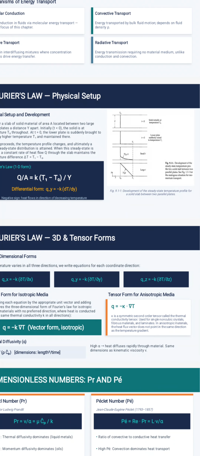Now K is a symmetric second order tensor called the thermal conductivity tensor, used for single non-cubic crystals, fibrous materials and laminates. In anisotropic materials, the heat flux vector does not point in the same direction as that of the temperature gradient.